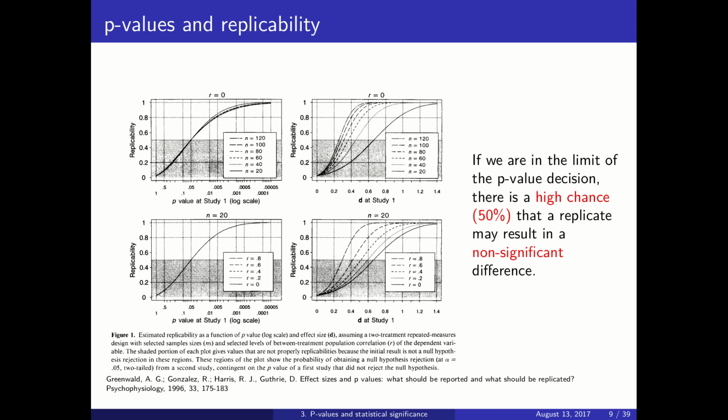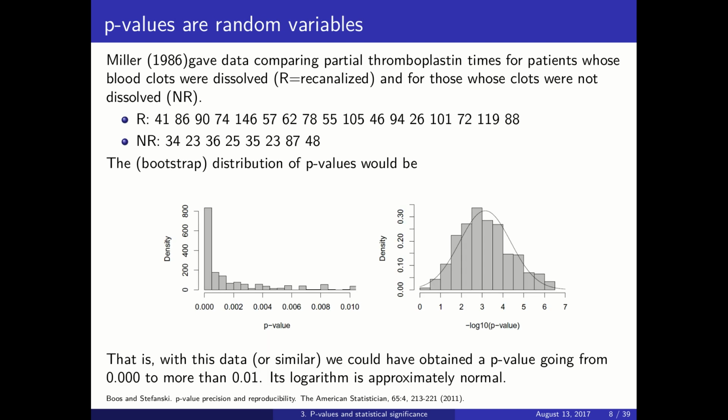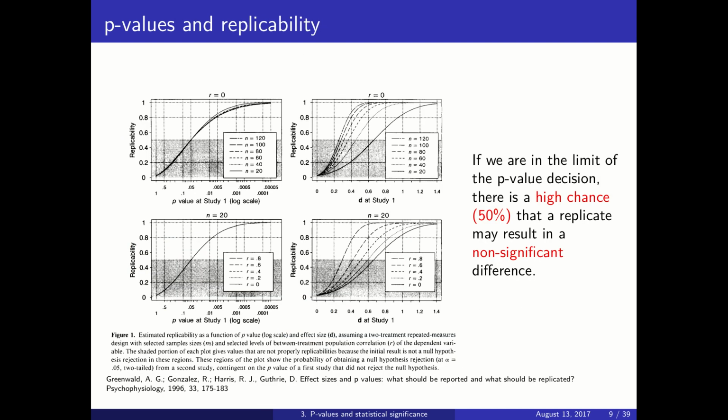And it is very likely because we have seen that the p-value is rather unstable, and sometimes you will fall below the threshold level, and sometimes you will fall above the threshold level. And falling below or above means rejecting or non-rejecting the null hypothesis.